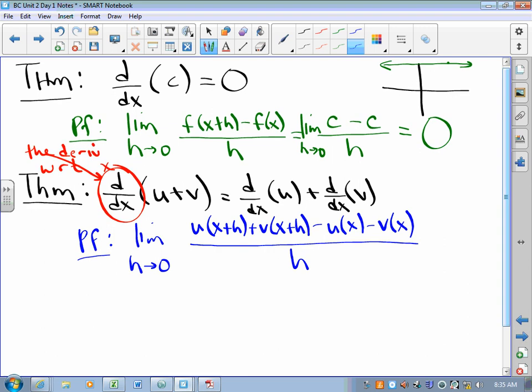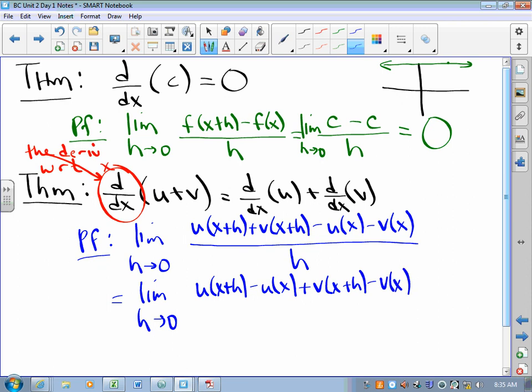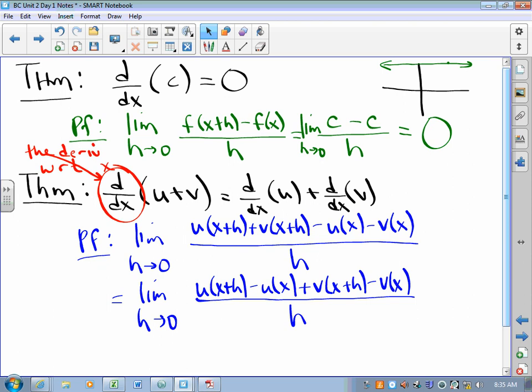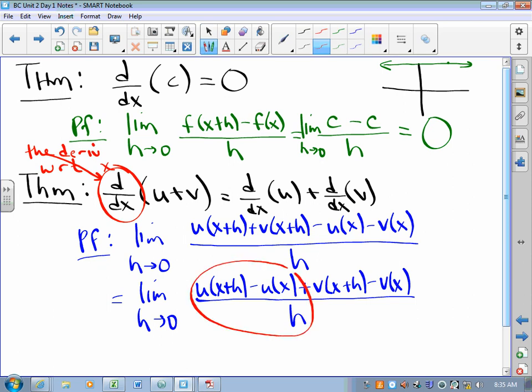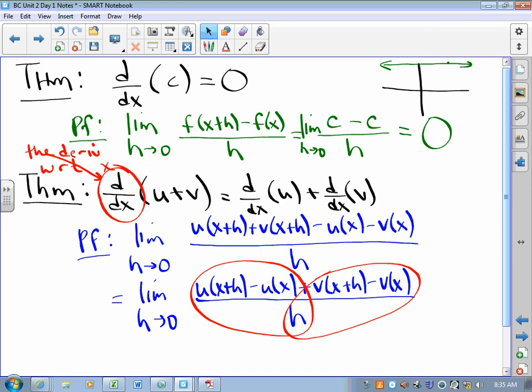Well, it's not hard to reorganize the terms here. Not hard at all to reorganize those terms. And you can pretty easily see that this thing is the derivative of u, and this thing is the derivative of v. So we're okay there.